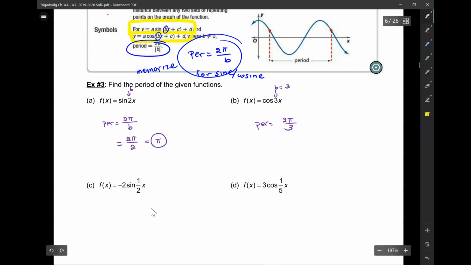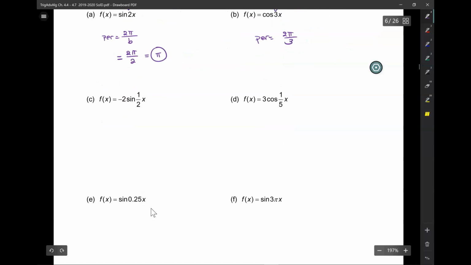Here. Okay. All right. For C, what's the value of B? 1/2. This is B. So the period is 2 pi over 1/2.